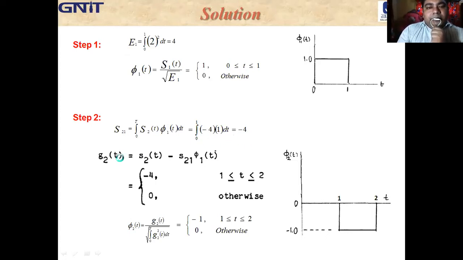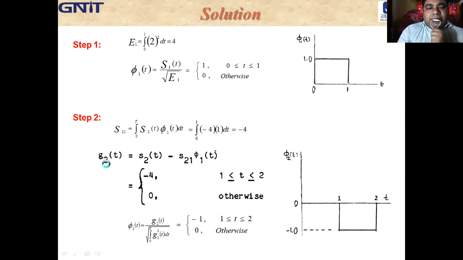So now we move to calculate the intermediate function g2(t). g2(t) is basically s2(t) minus s21 phi 1(t). Now s2(t) is basically minus 4.